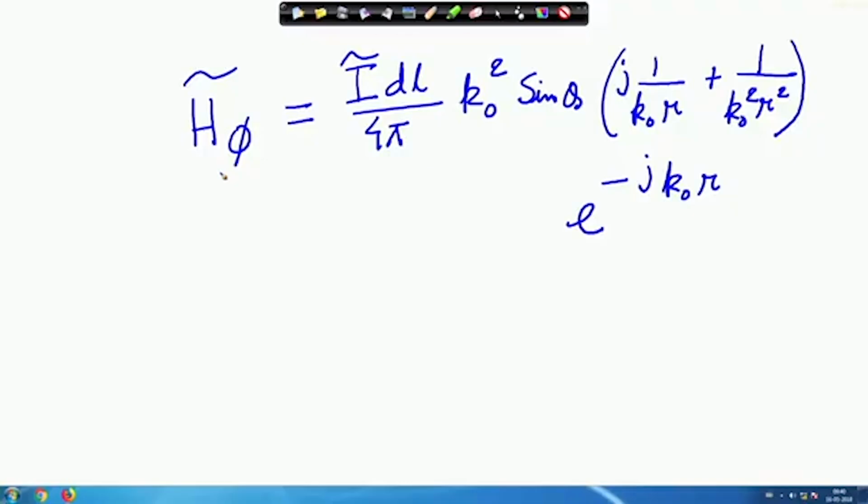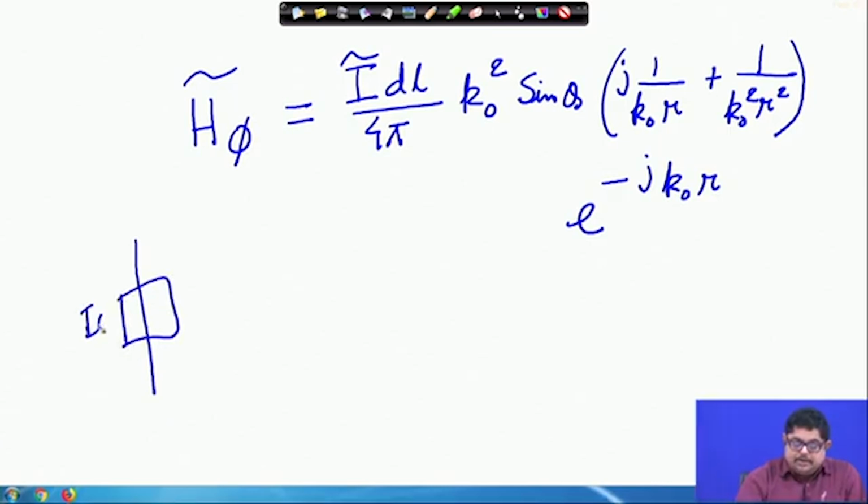Also noting that this is the antenna ideal and this is the field point P, there are no currents here, current is there. So, at this point J is 0.